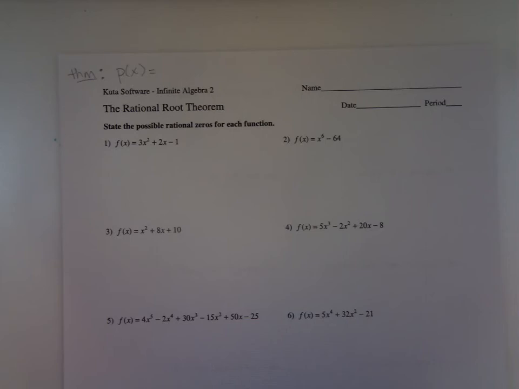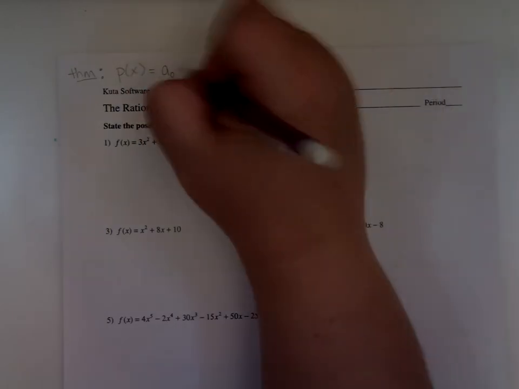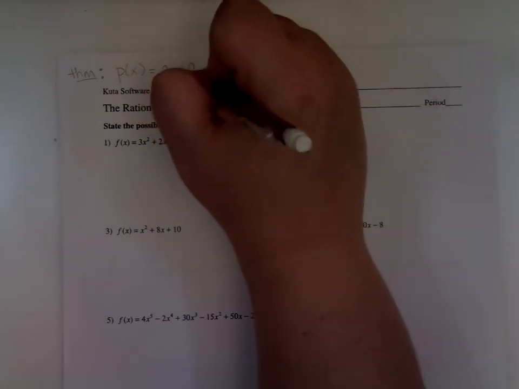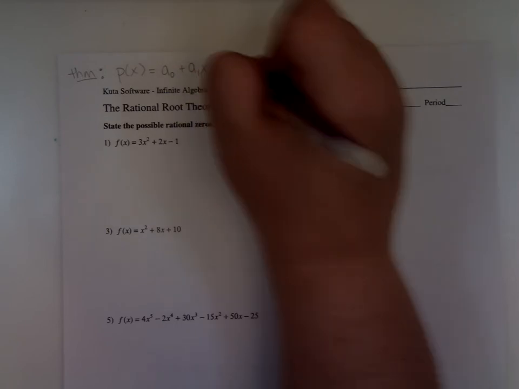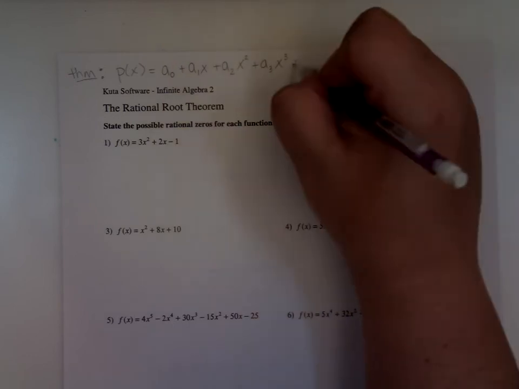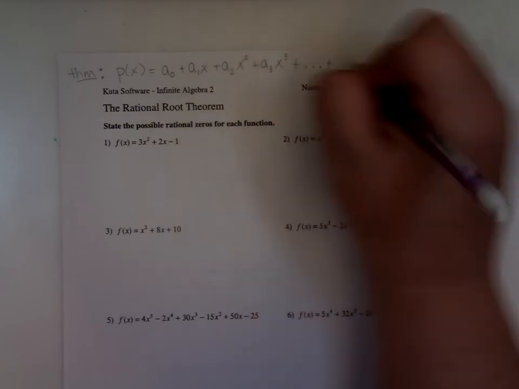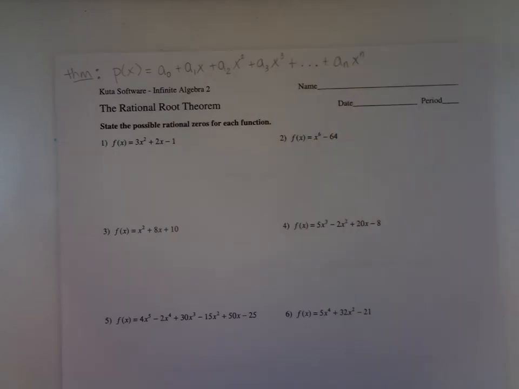So we've got our constant term that's going to be a naught plus a1x plus a2x squared plus a3x to the third plus, and so on and so forth until we get to the nth one, however many there are.